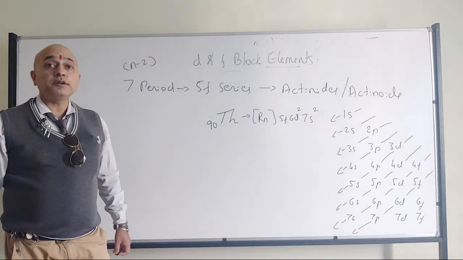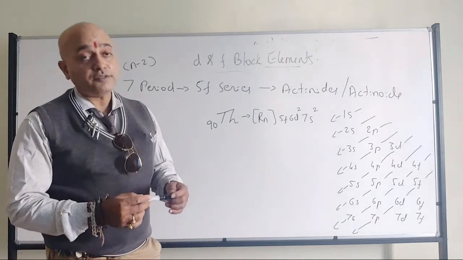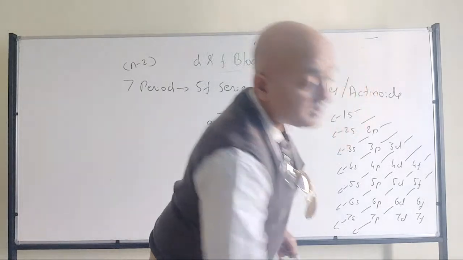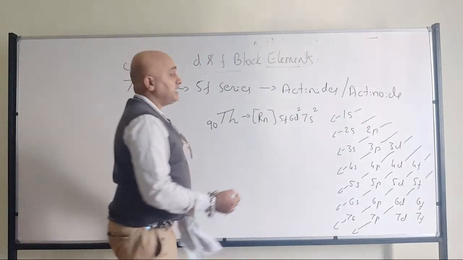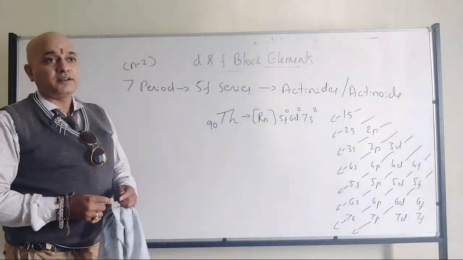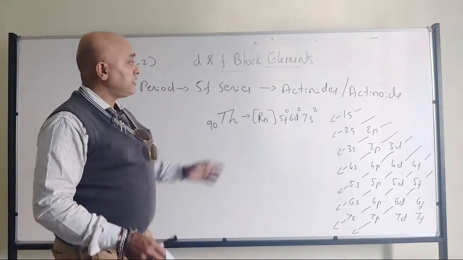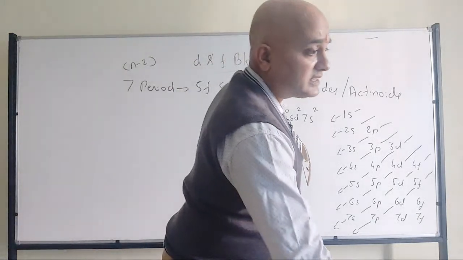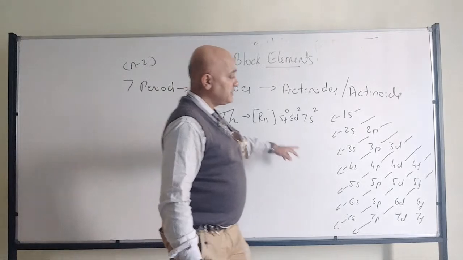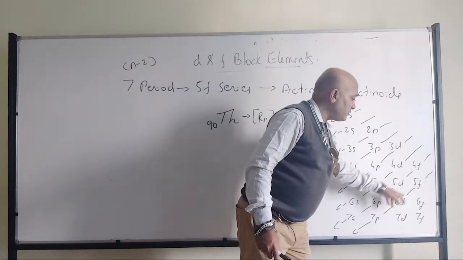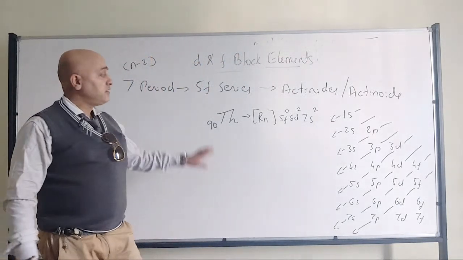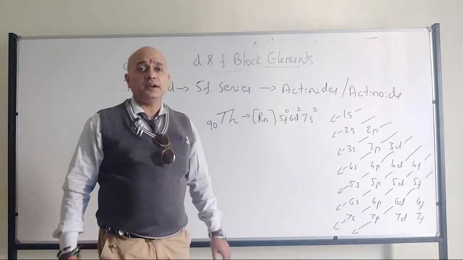Therefore, I asked you to write the electronic configuration for thorium. Thorium in its ground state does not have any electron in the f subshell. Normally people will write 5f to 6d0, but here it's not the case. Although 6d comes after the 5f, 5f does not have an electron in the ground state of thorium.